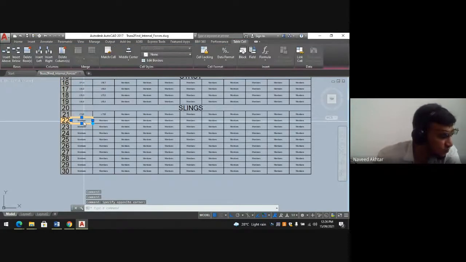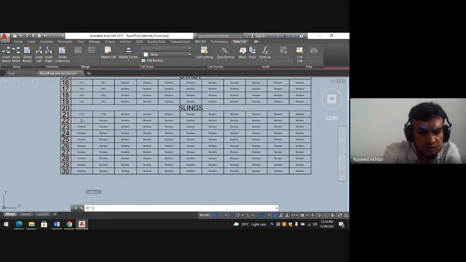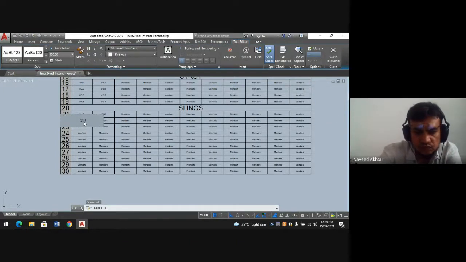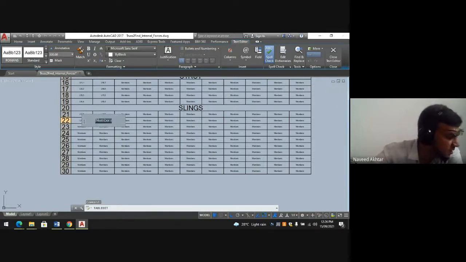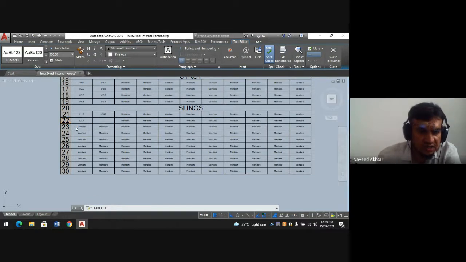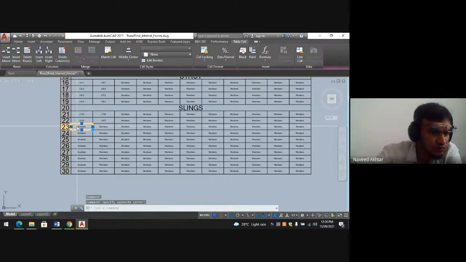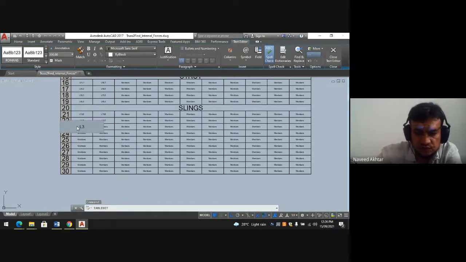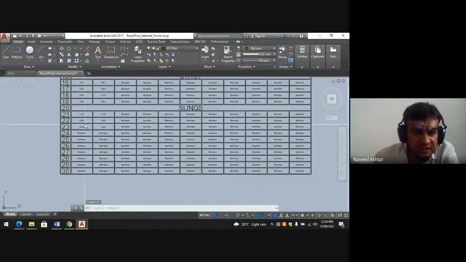Similarly, L2 U3 is the same as L6 U7. Similarly, L3 U4 is the same as L5 U6, because of truss symmetricity.